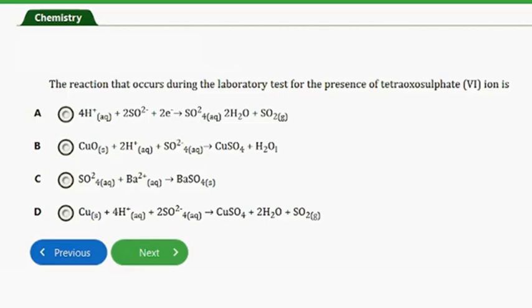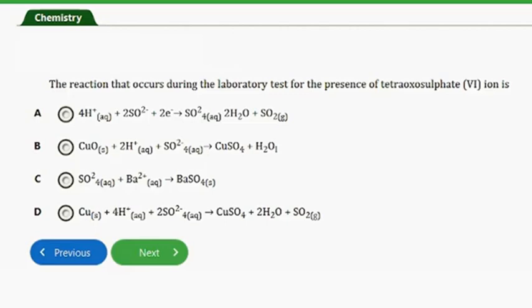B, CuO plus 2H+ plus SO4 2- yields CuSO4 plus H2O. C, SO4 2- plus Ba 2+ yields BaSO4. And D, Cu plus 4H+ plus 2SO4 2- yields CuSO4 plus 2H2O plus SO2.